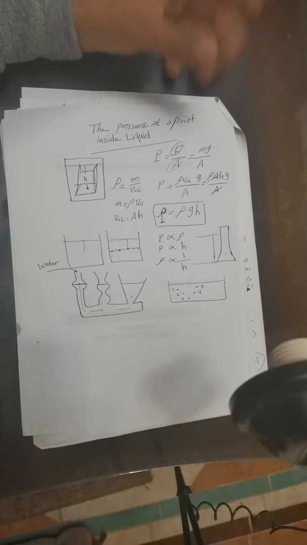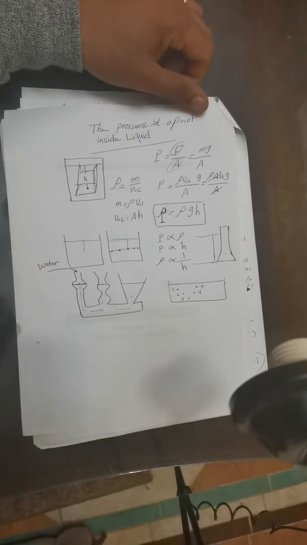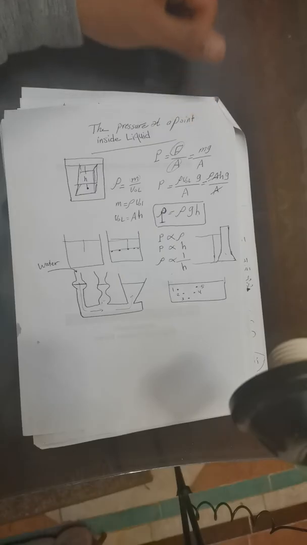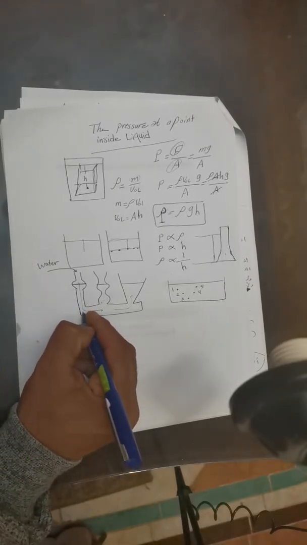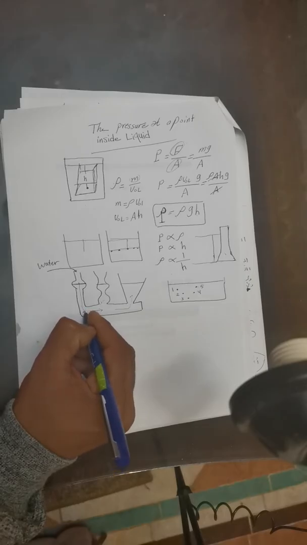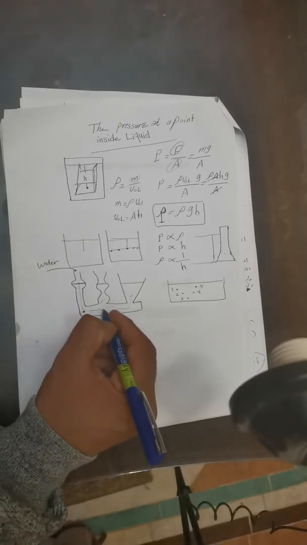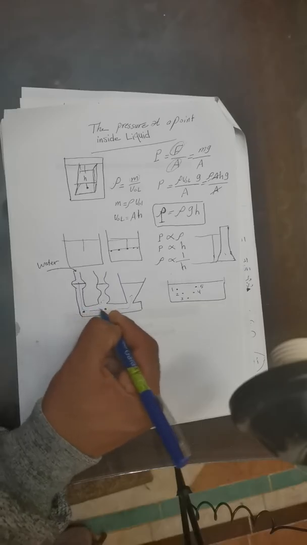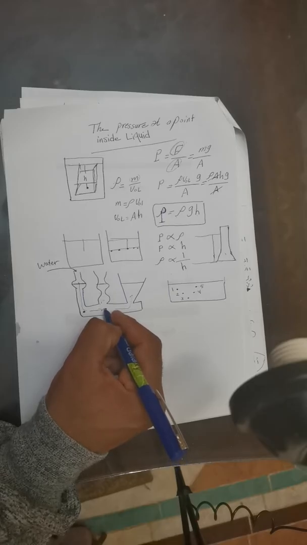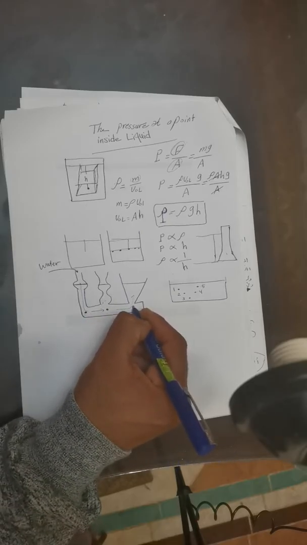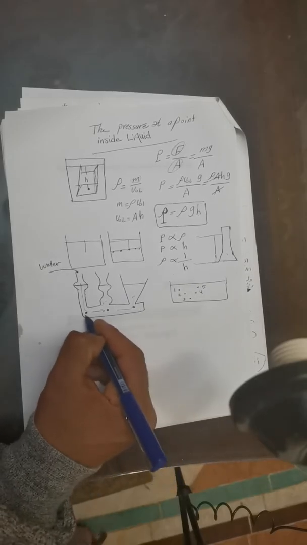Why? This is due to, if we take a point at the bottom of the first vessel and another point at the same level at the bottom of the second vessel, and point 3 at the third vessel, and all points are at the same horizontal level, so they have the same pressure.